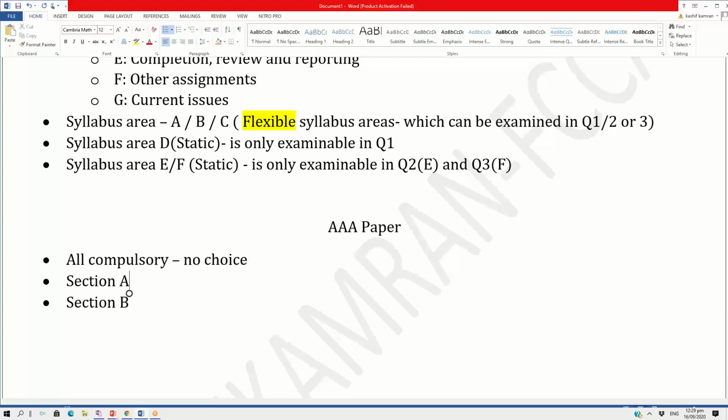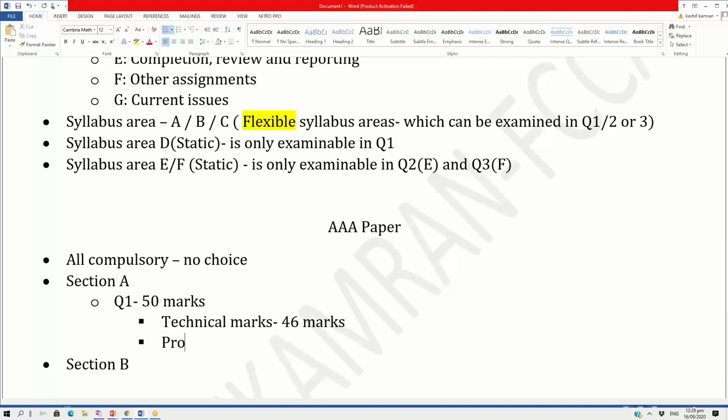Now be very watchful. When you look at section A, we know that section A consists of question number 1, and question number 1 is worth 50 marks, right? Now, ideally, you have to break it down into 2 areas. Number 1, technical marks, which is 46 marks.